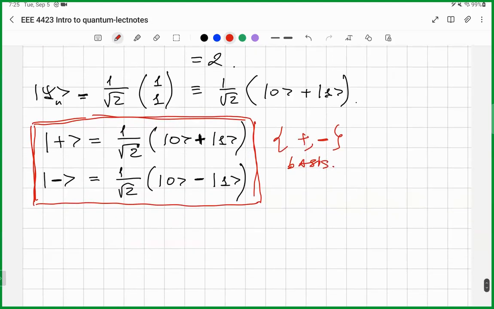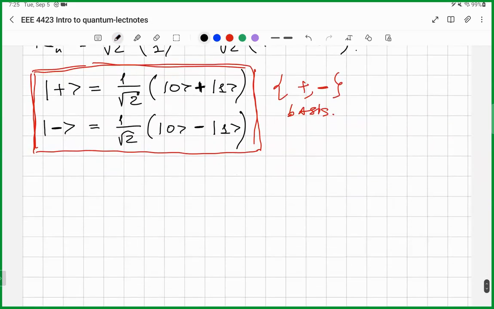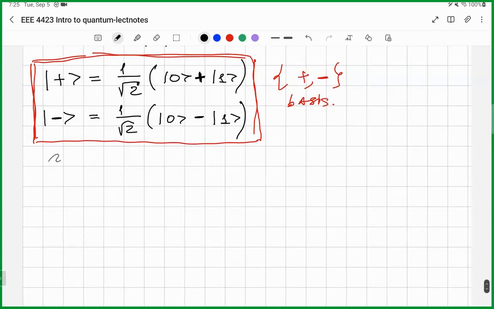Okay, and finally, I want to describe the outer product of two basis vectors, like 0, 0. It is equal to 1, 0 times 1, 0, right?